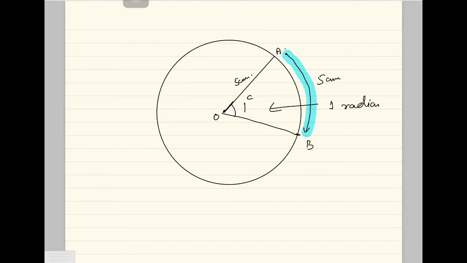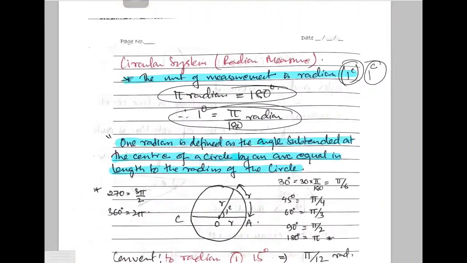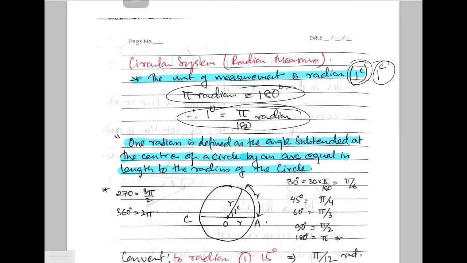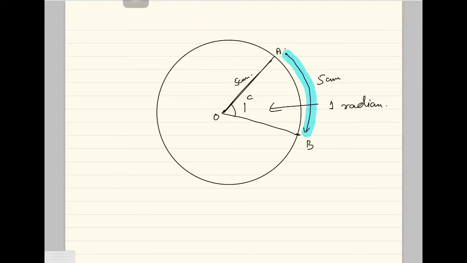That's what the definition says. 1 radian is defined as the angle subtended at the center of a circle by an arc equal in length to the radius of the circle. That means whatever the radius is, if the arc length is the same, and I suppose you know arc means a part of the circumference of a circle, then this angle that is formed is called 1 radian. That's the definition of radian.